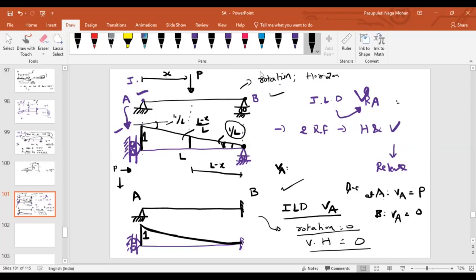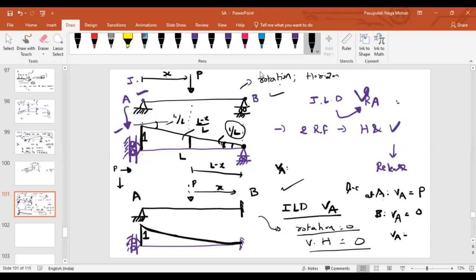If the load is somewhere here, let us say X from B, what is the reaction at A? Can you guys tell me? Is it a triangle or some other shape?